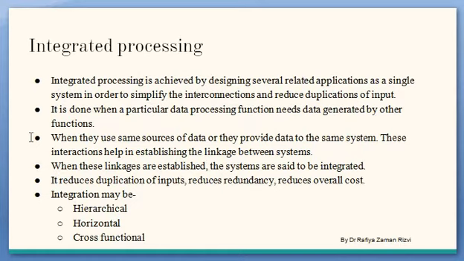The same type of input data or the same type of records are required by many of the workings or many of the processing systems. So what this integrated processing system does is that it helps them access that particular data whenever or wherever it is required.